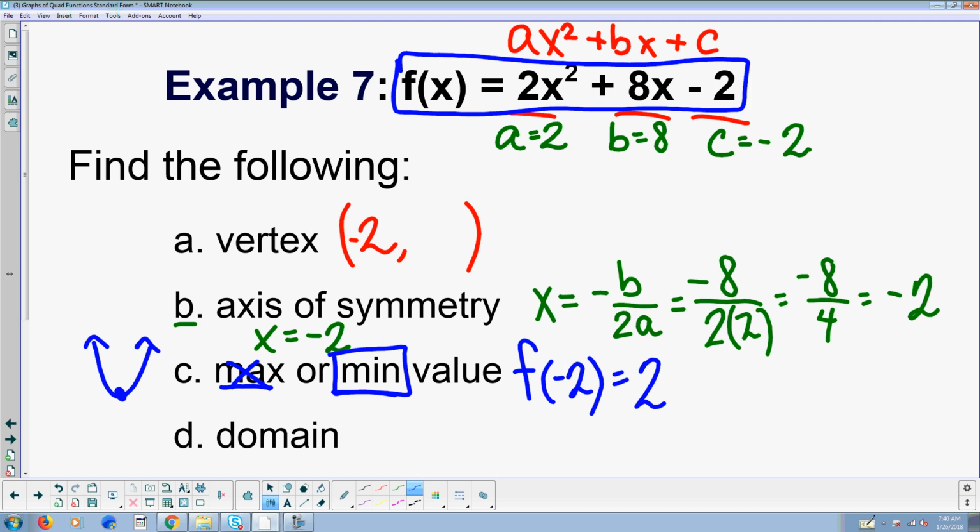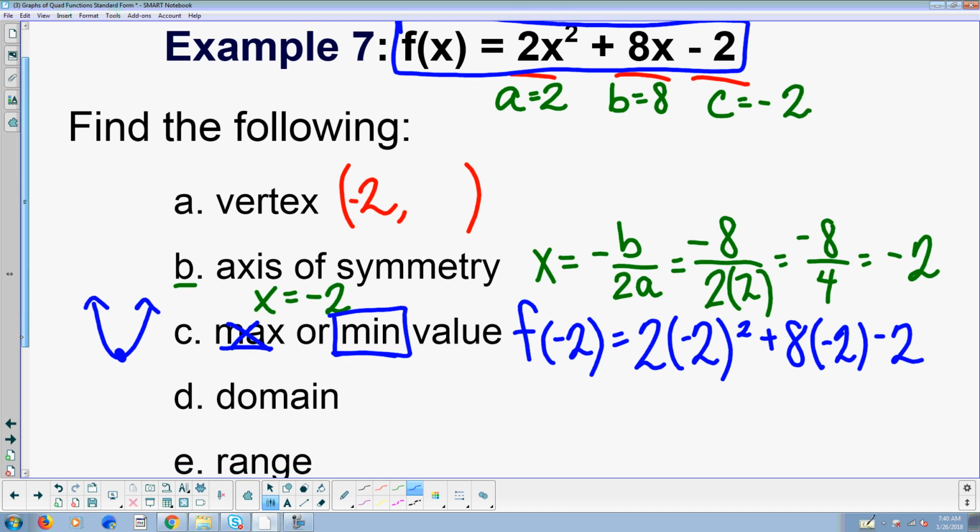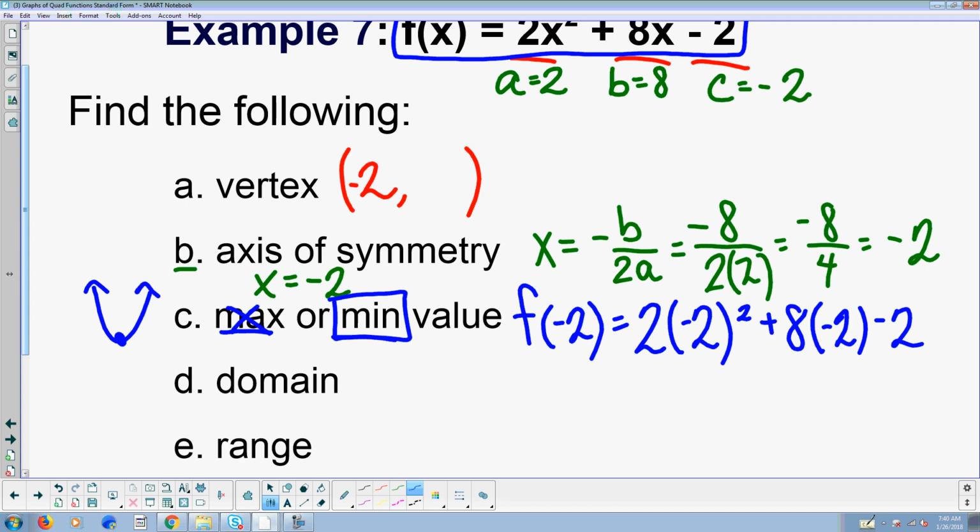So 2 times negative 2 squared plus 8 times negative 2 minus 2. Now your calculators are actually smart enough to type this entire expression in and give you an answer. But I will explain using the order of operations today.